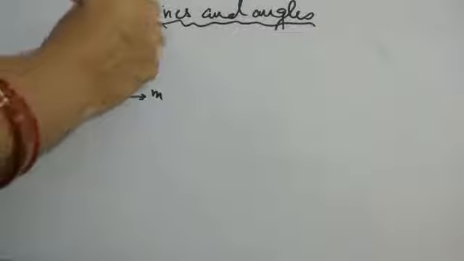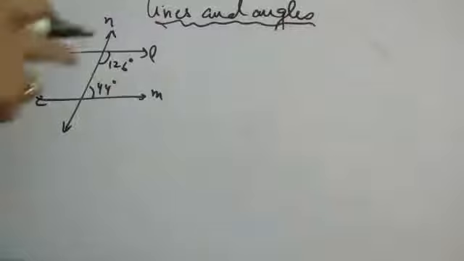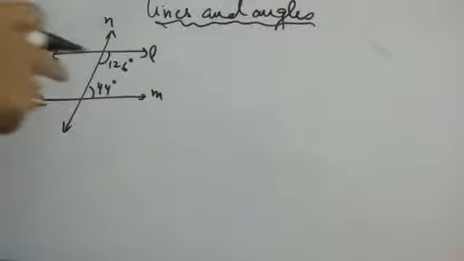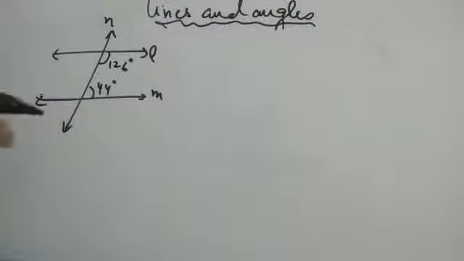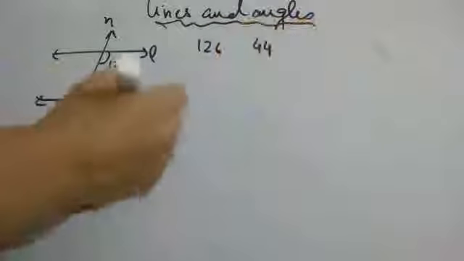Whenever you have to check whether two given lines are parallel, you have to take the given angles and find out whether there is any relation between them or not. These two angles are co-interior. Can you see? 126 and 44 are co-interior. And what is the property of co-interior angles? They should add up to give you 180.